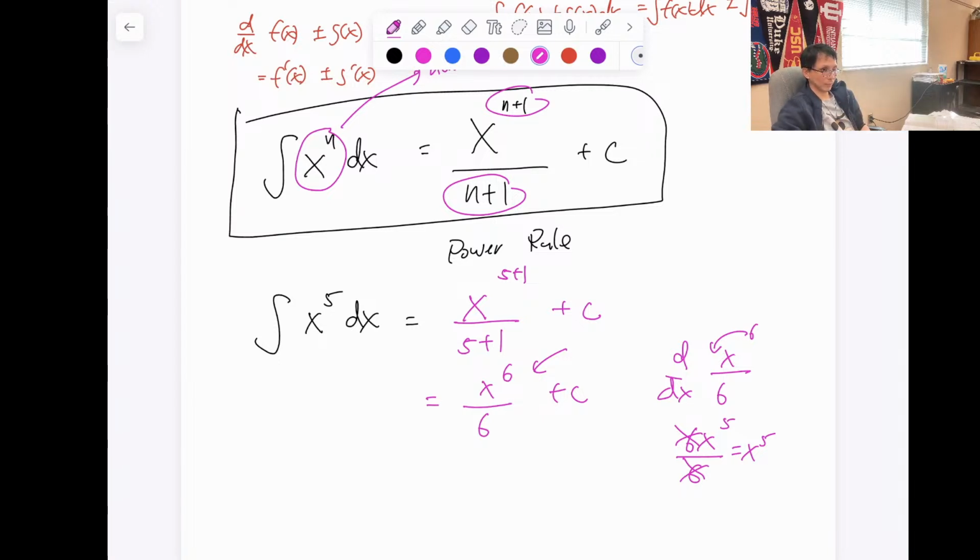And you can only do that when there's a constant on the bottom, like the power rule on the numerator. But x to the 5 has no constant on the bottom. That's 1 on the bottom. In this case, it's always going to cancel out.